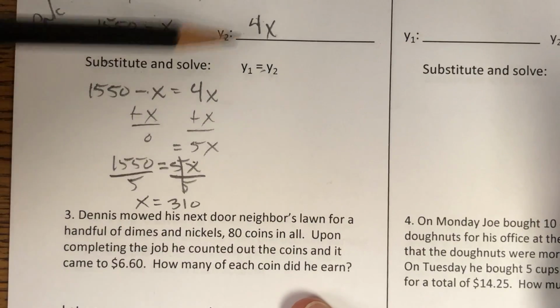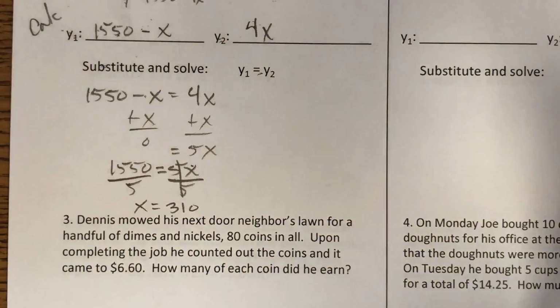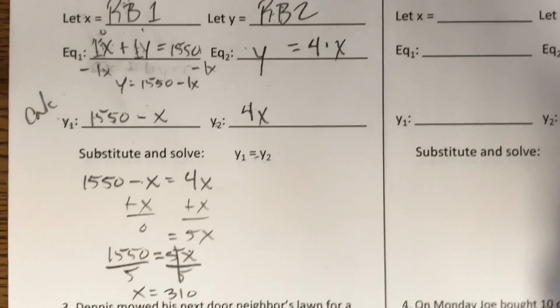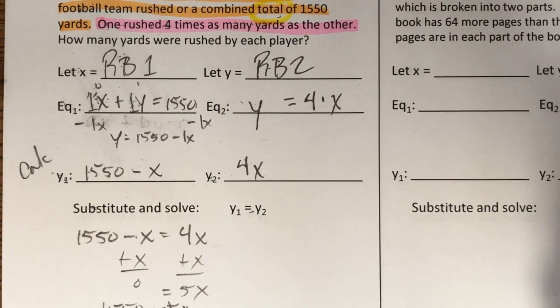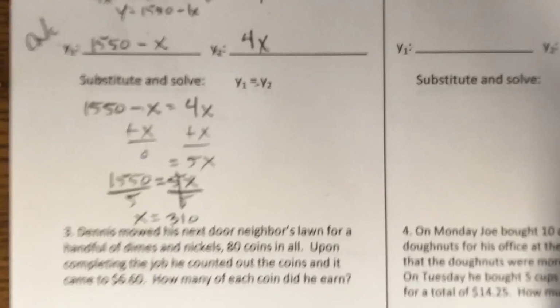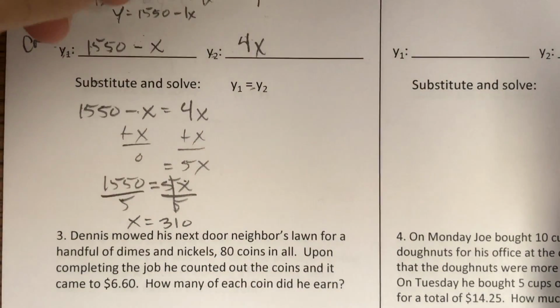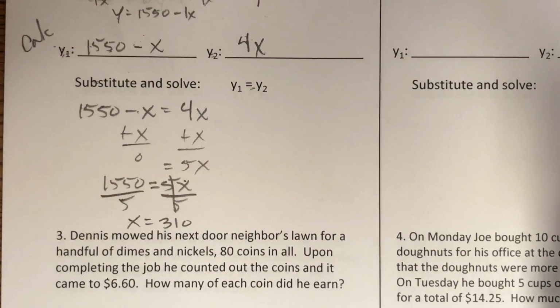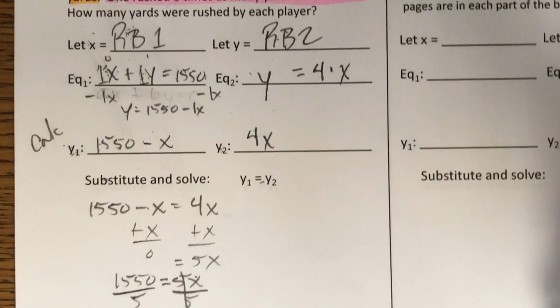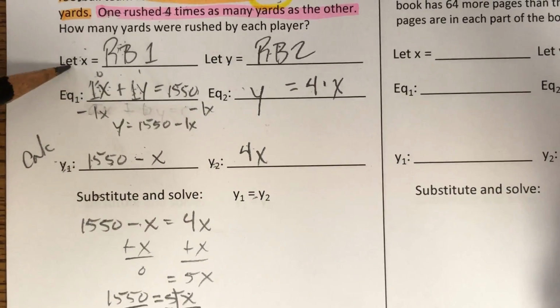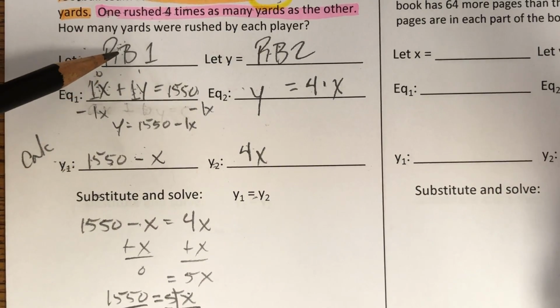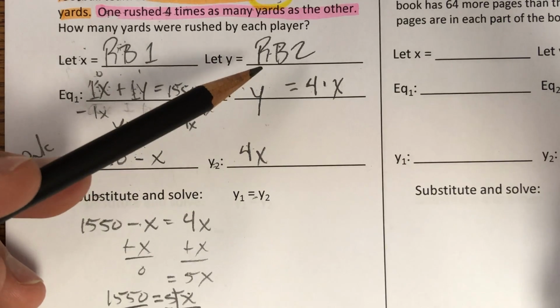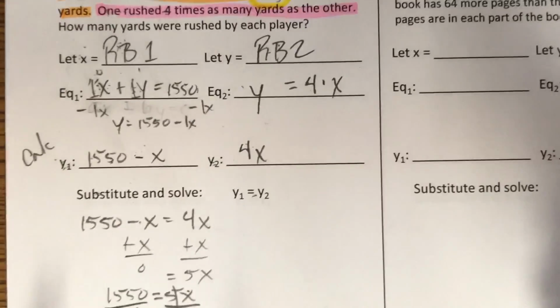Well, but that's only part of the problem because I need to remember what the question asked. The question asked, how many yards were rushed by each player. So I know that running back 1, which was, oh, you can't see what I'm looking at, running back 1, which is x, had 310 yards, so I need to figure out how many yards running back 2 had.